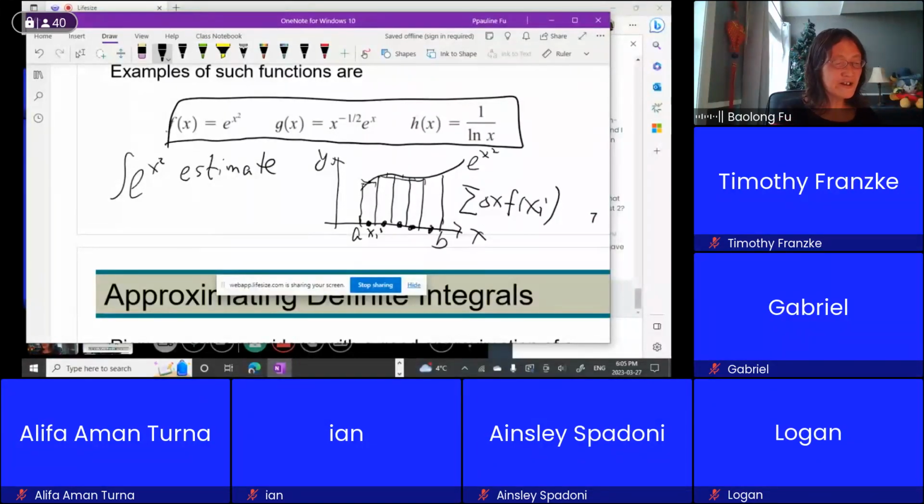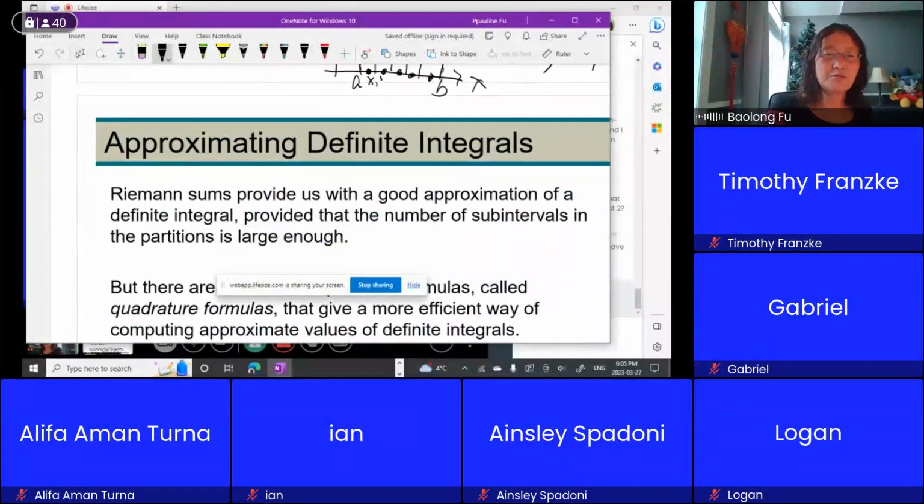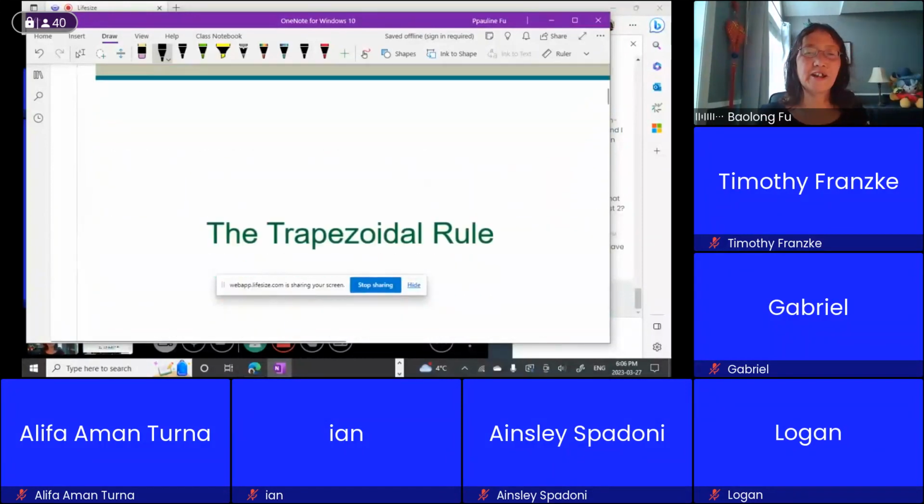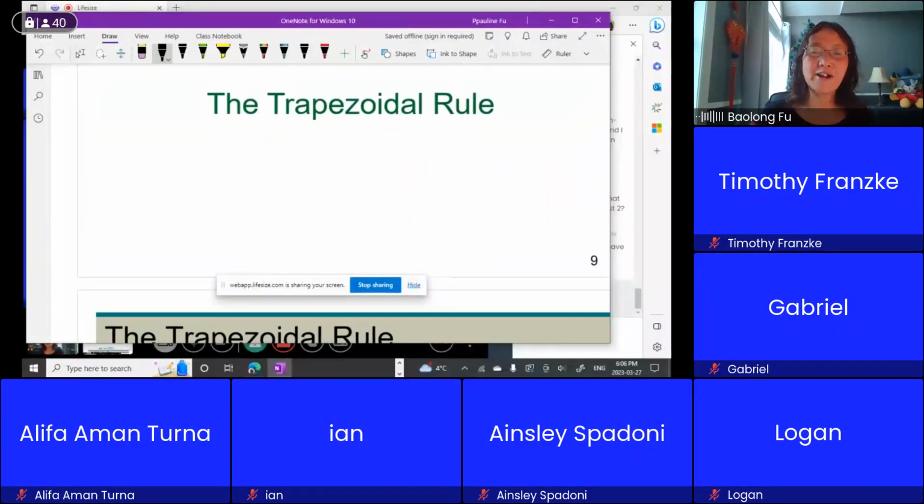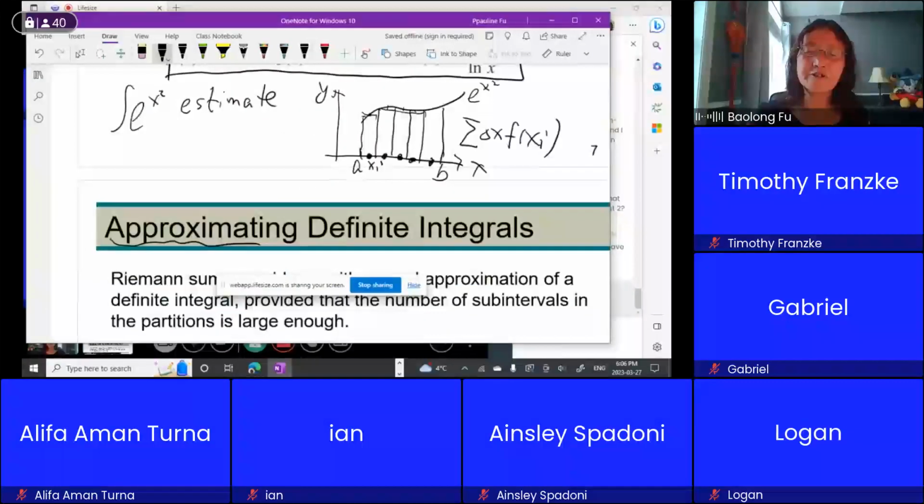And today, we use another rule to estimate the definite integral. We just approximate the definite integrals, okay? And by the way, the method we have used so far is the Riemann sum. Okay, there is a name, Riemann sum.